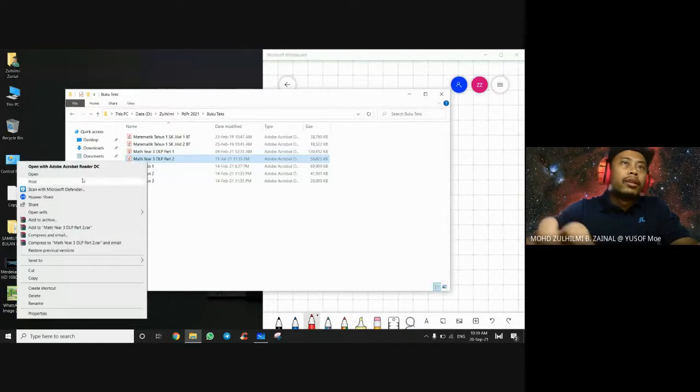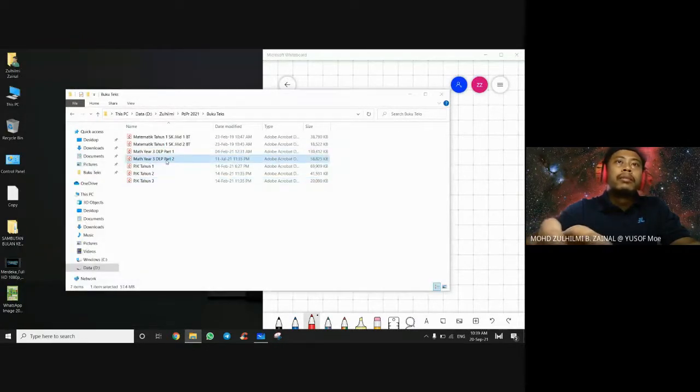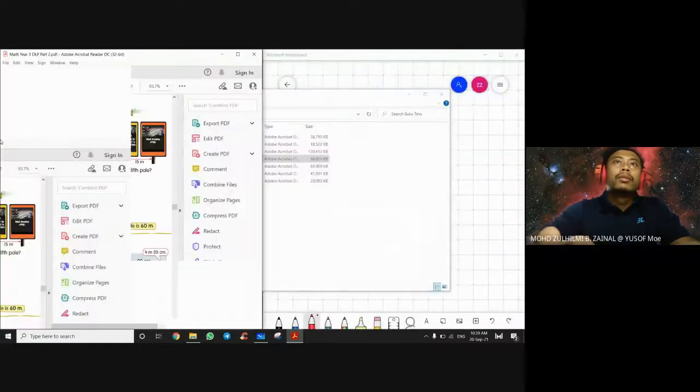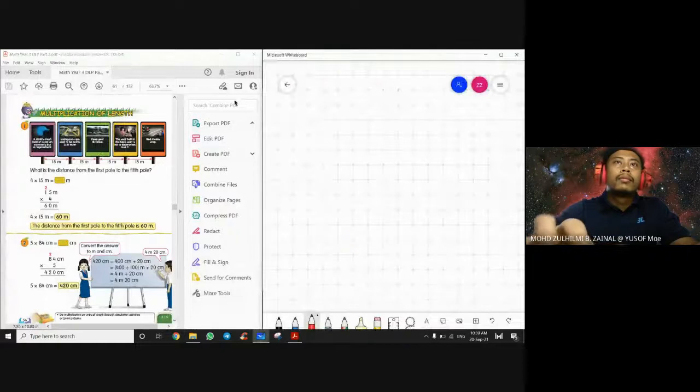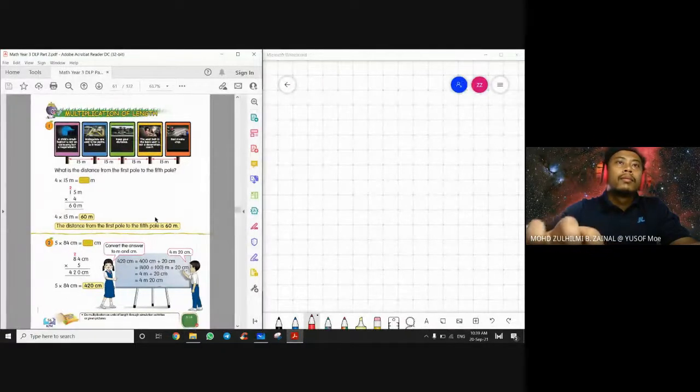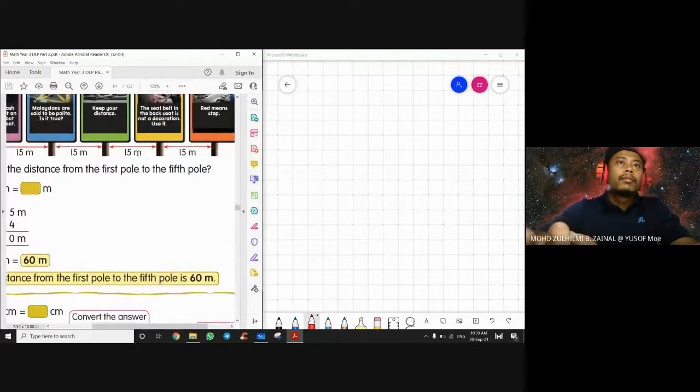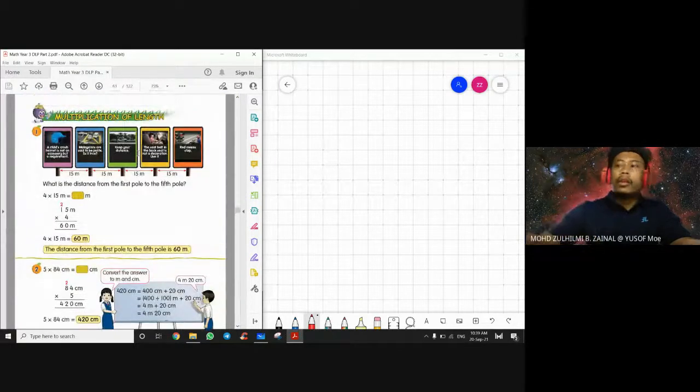Nampaknya kita kena open macam biasa sahaja pakai doc.